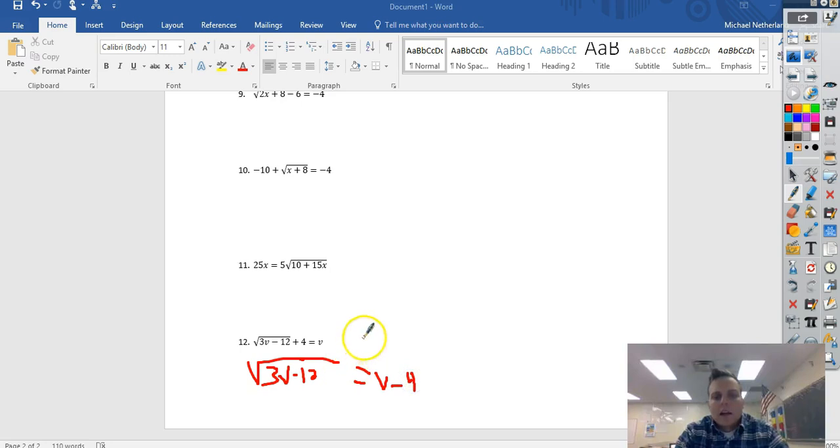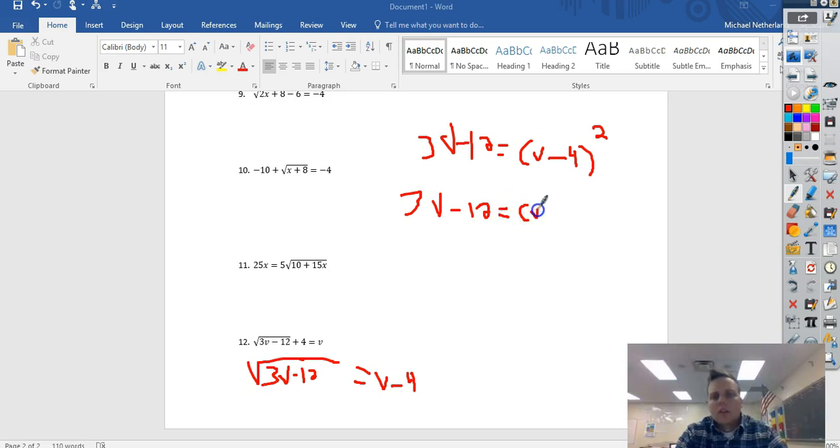Now I need to square both sides. So that's going to give me 3v minus 12 is equal to v minus 4 squared. Now, what does v minus 4 squared mean? It means v minus 4 times v minus 4.